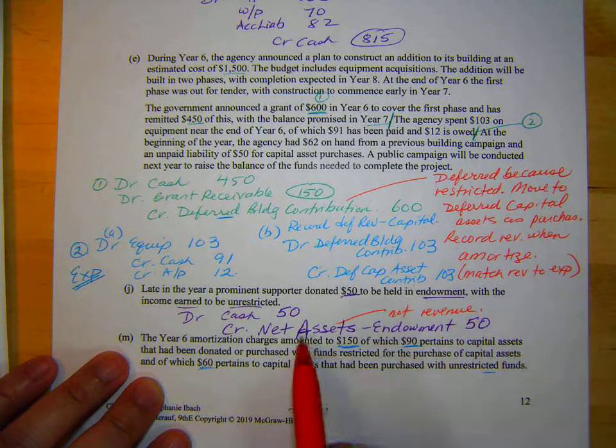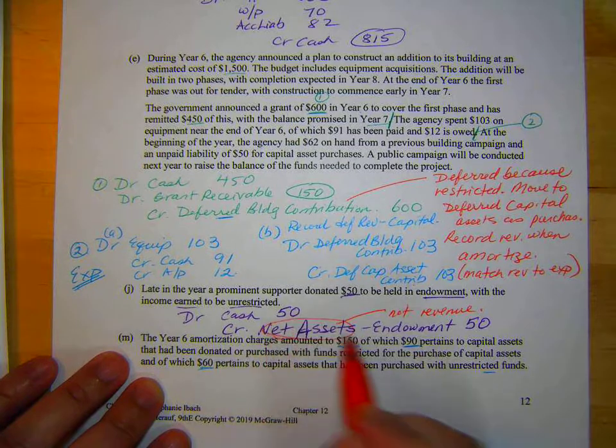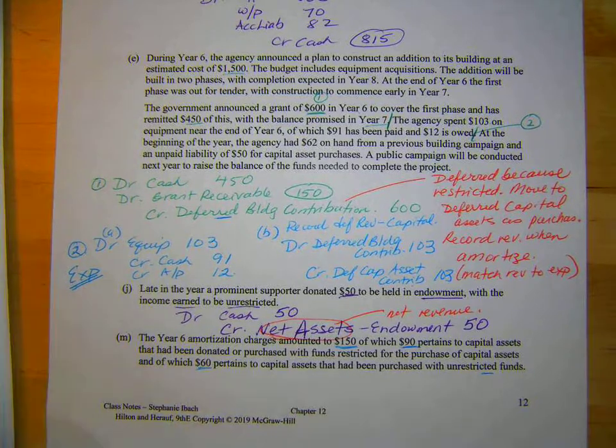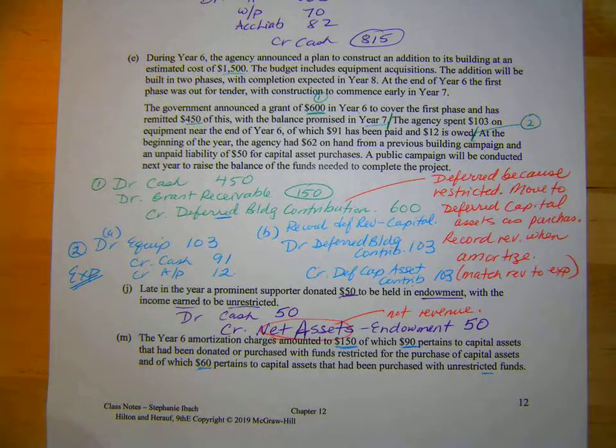So it goes right into net assets, which is like retained earnings. Okay? So be careful. Endowment's weird. We don't put it as revenue on our income statement because it is not allowed to be used. So hopefully that makes sense for the deferral method.